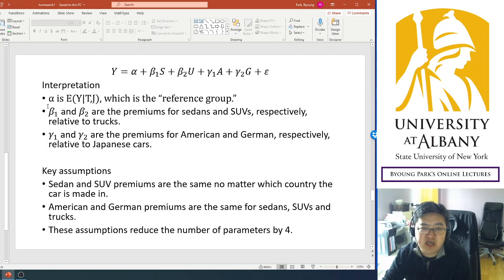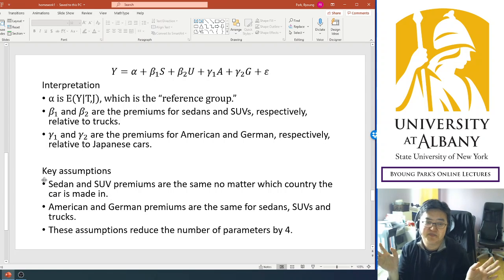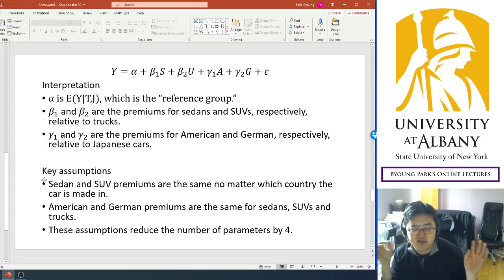Given these interpretations, you can find the assumptions. The assumptions are that the sedan and SUV premiums are the same in all 3 countries. No matter whether your car is made in America, Germany, or Japan, the sedan premium is the same, and the SUV premium is the same.